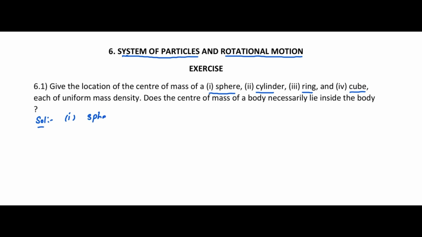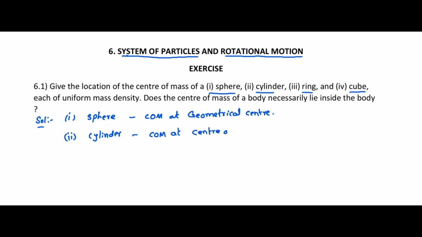For the sphere, the center of mass will be located at the geometrical center of the sphere, and for the cylinder, the center of mass will be at the center of its axis of symmetry.